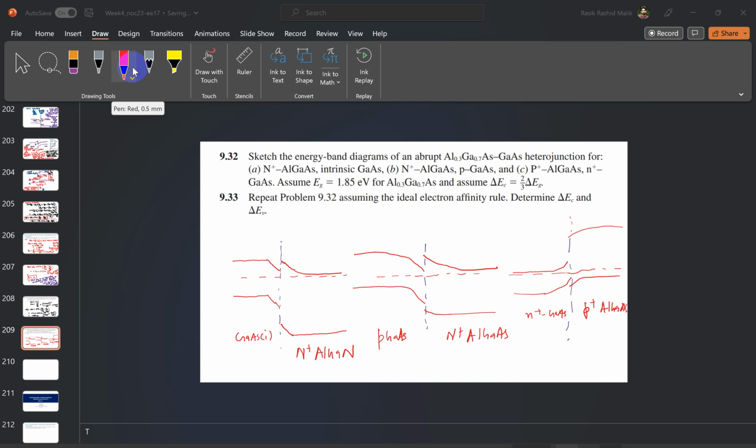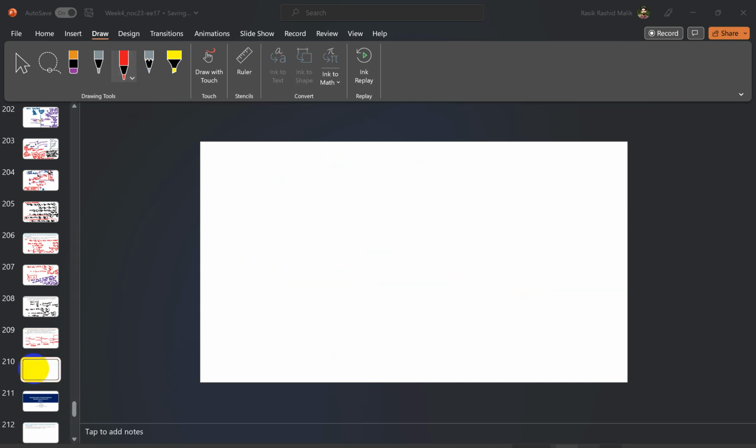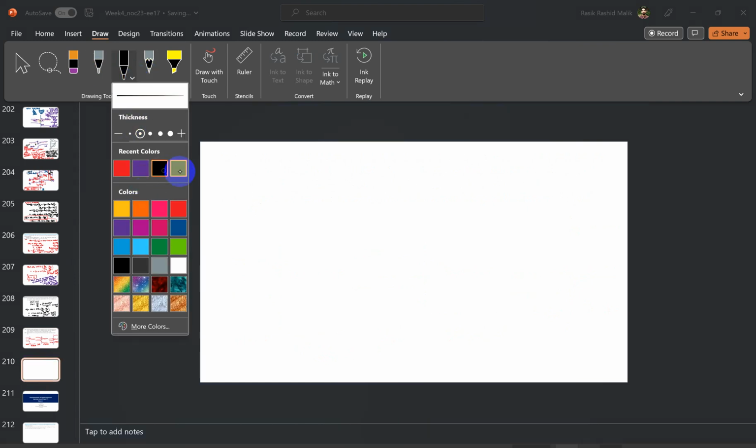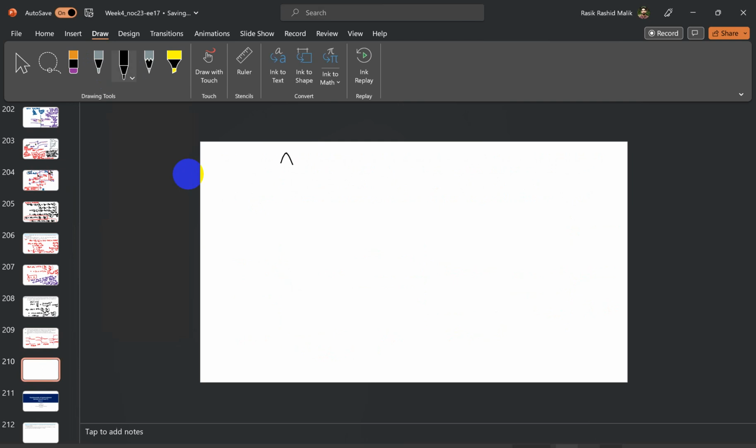The next part of this question is about calculating delta EC and delta EV, and we have the values given. We have EG given for aluminum gallium arsenide for this special case, and we have to assume delta EC is 2/3 of delta EG. I'll write the values here. The delta EC is simply the difference of the electron affinity on the N and the P side.